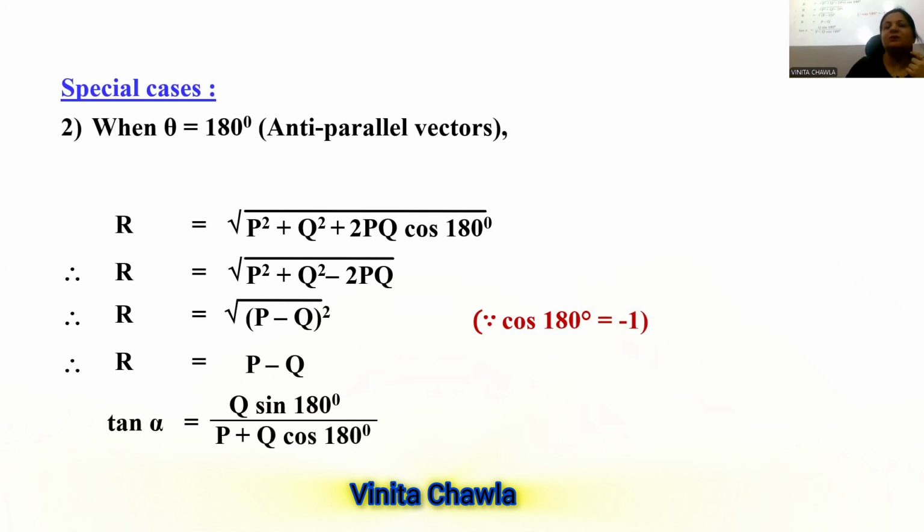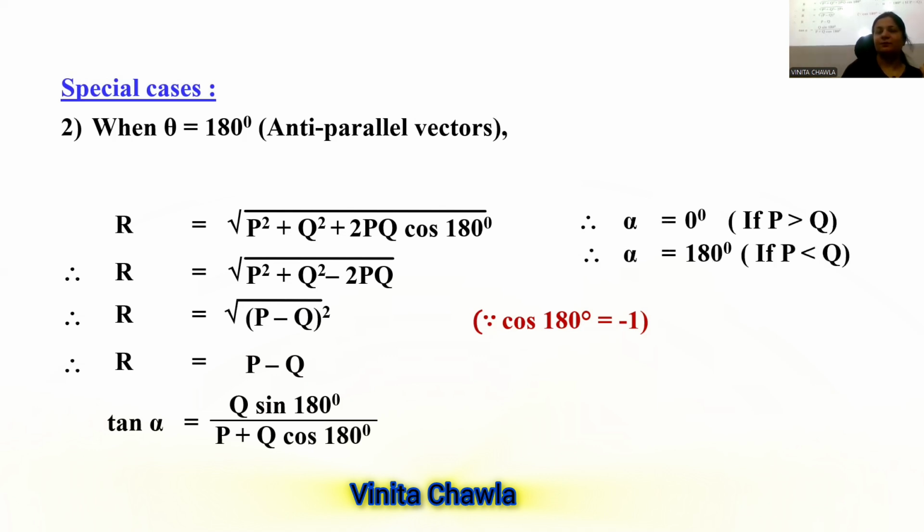Sine 180 minus 0 is sine 0 degree. Sine 0 degree is 0. Yes. But here we have a condition.